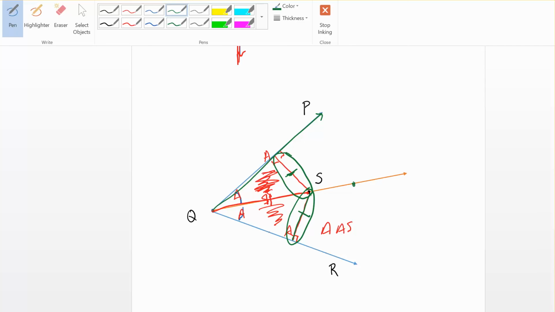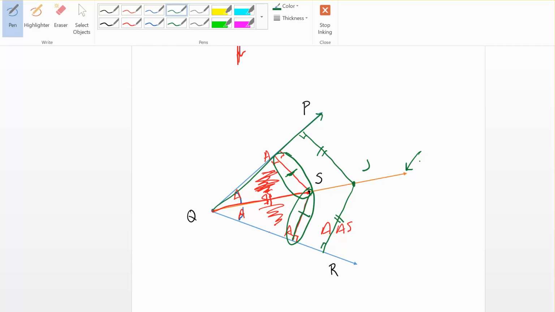If I had a point out here, we'll call it J, then the distance from J to one side of the angle is going to be the exact same distance as from J to the other side of the angle. So any point that lies on this angle bisector is equidistant from the two sides of the angle.